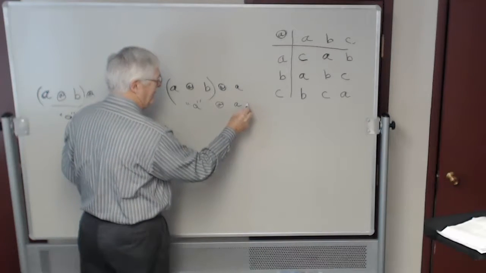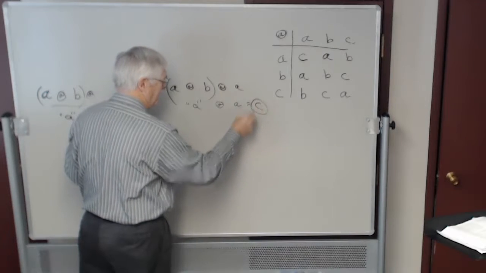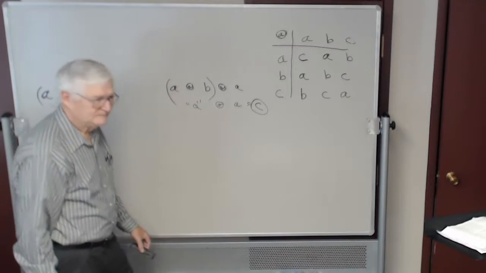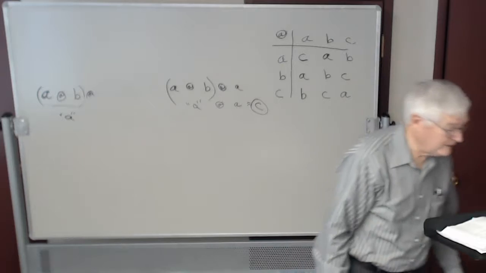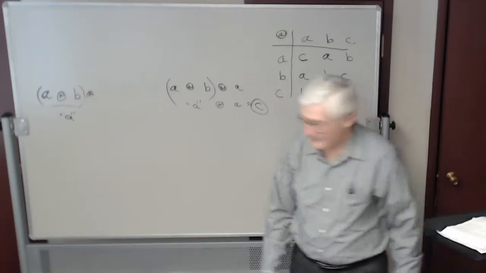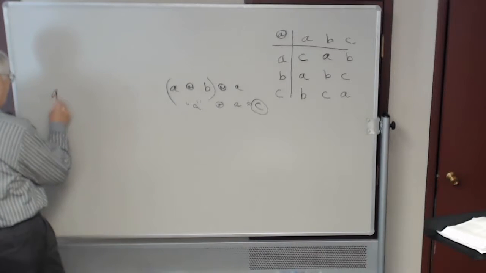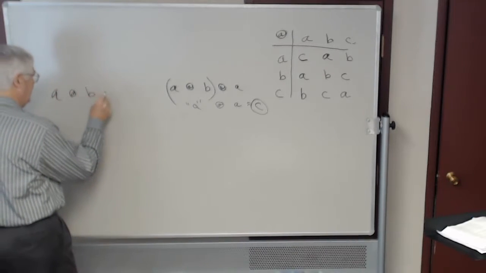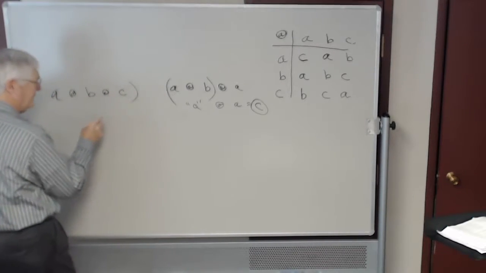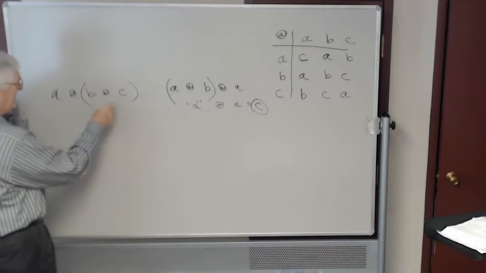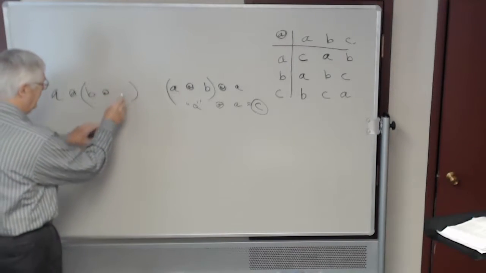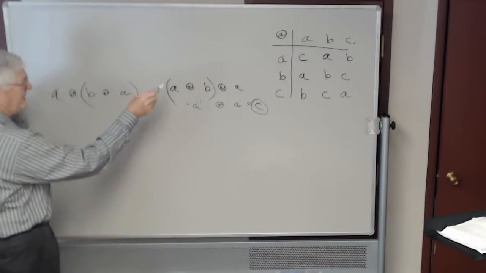C. Everybody follow that? Then what are they doing next? A at B at A, except now they're doing it this way. What's B at A?